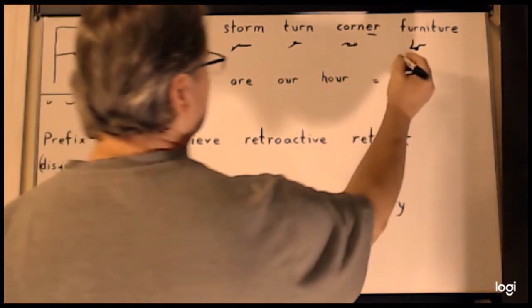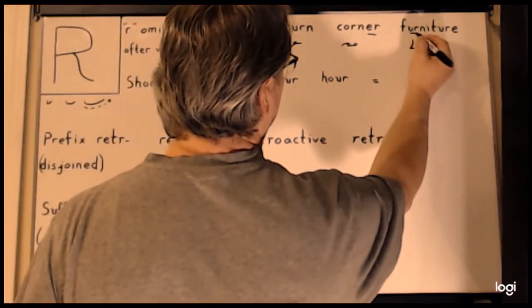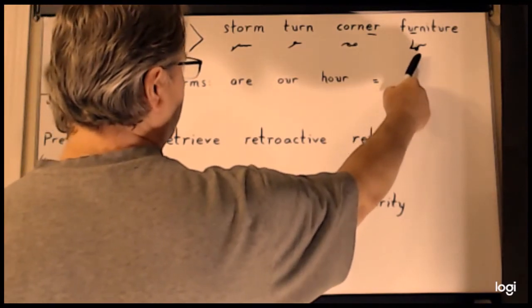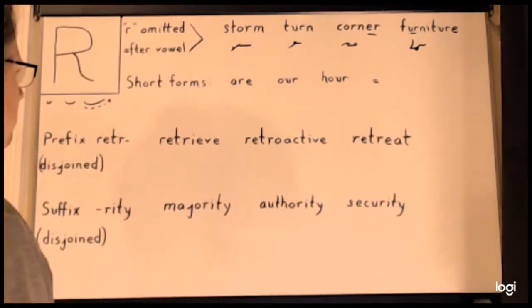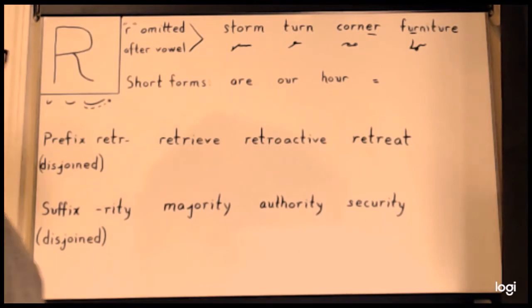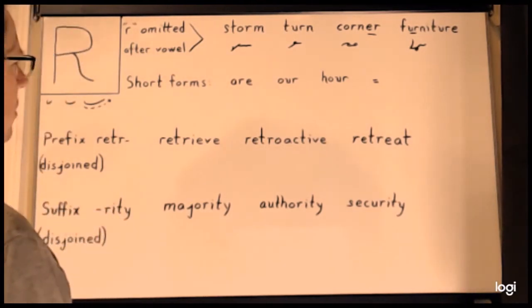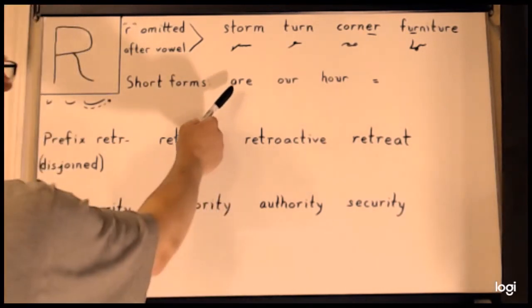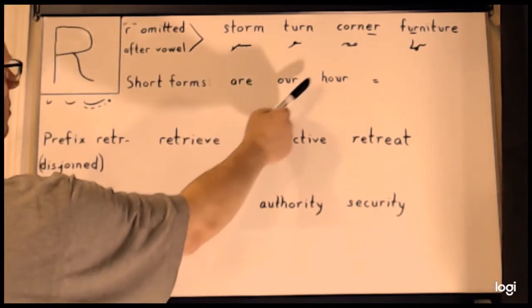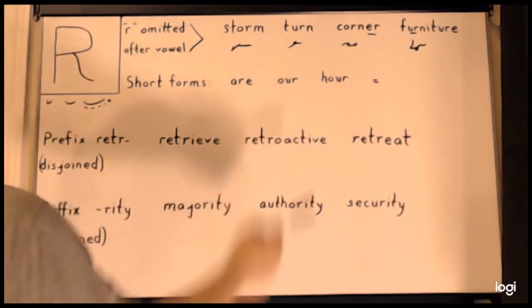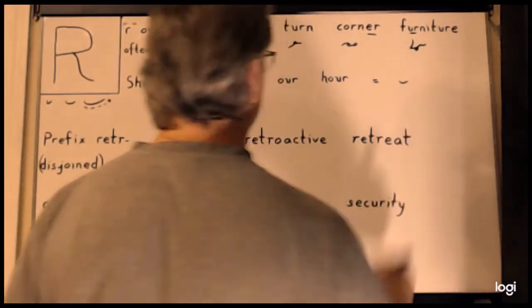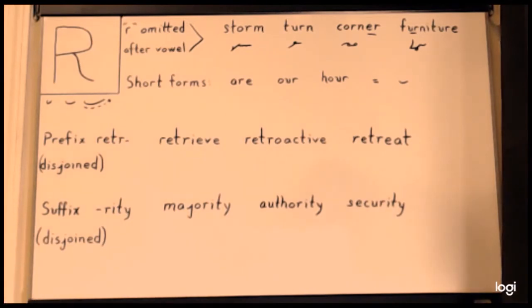So here, the U and the R are omitted in the whole word furniture. Now, R also stands for three words or short forms. So for R, our, or the word hour with the silent H, they're all just represented by the R, by itself or in phrases.